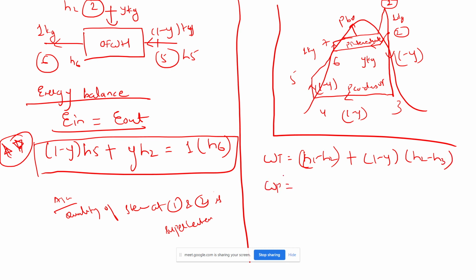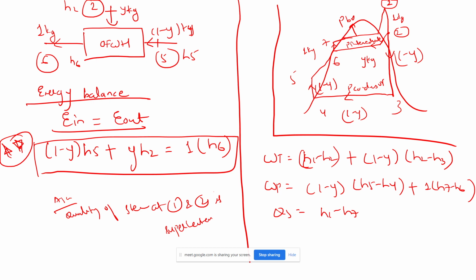Pump work: (1 minus y) into (H5 minus H4), plus 1 into (H7 minus H6). What will be the heat supplied? H1 minus H7.